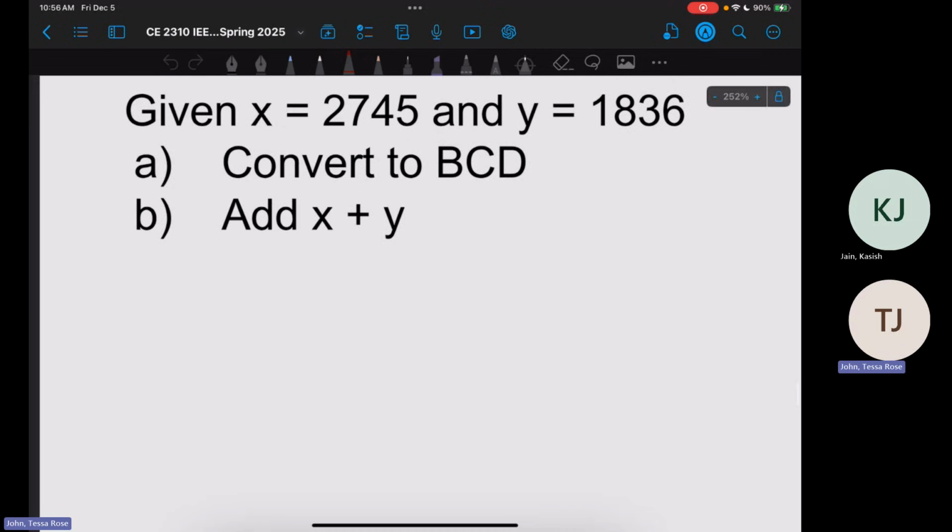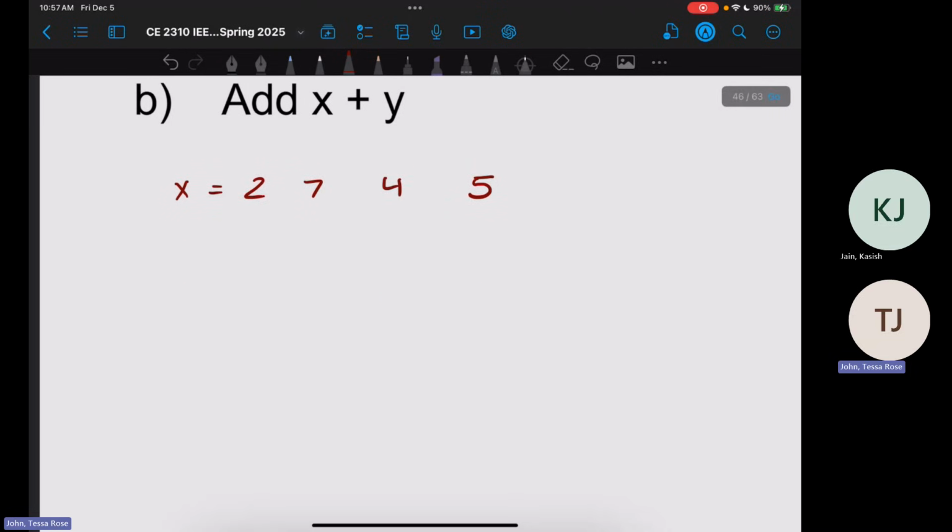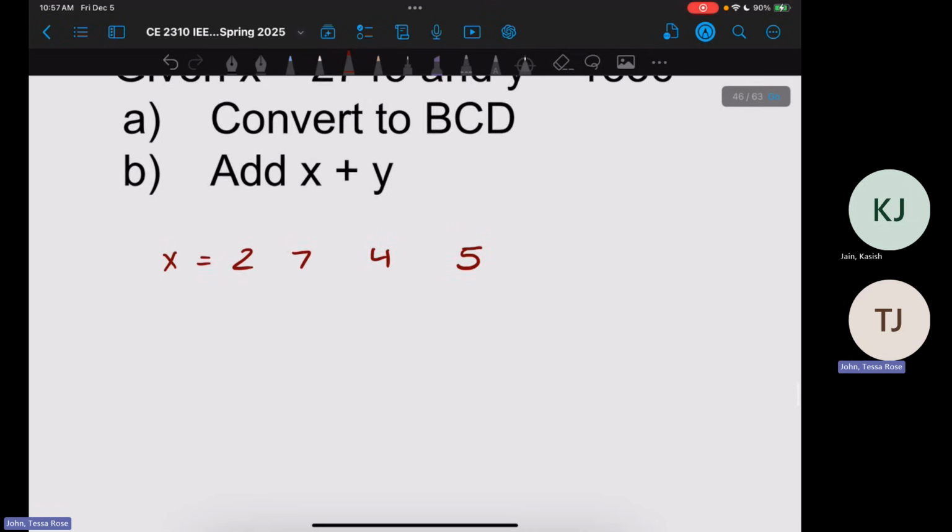Converting to BCD is pretty easy. I'll first do X and then I'll do Y. It's just like how we do binary. We convert each digit to its own binary value, okay?